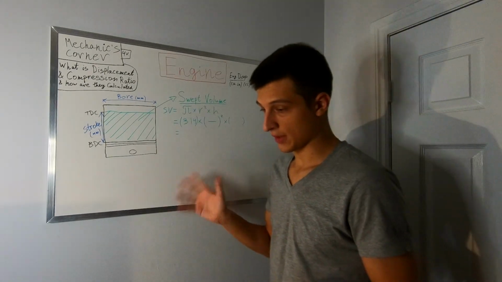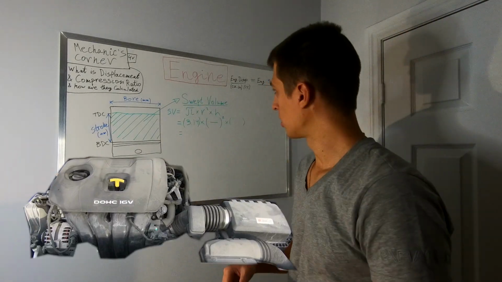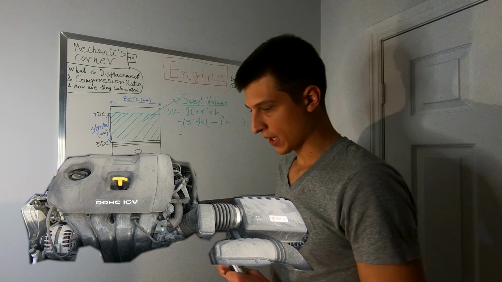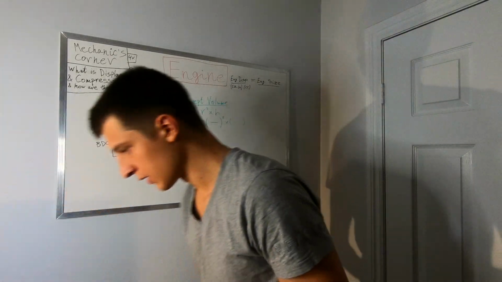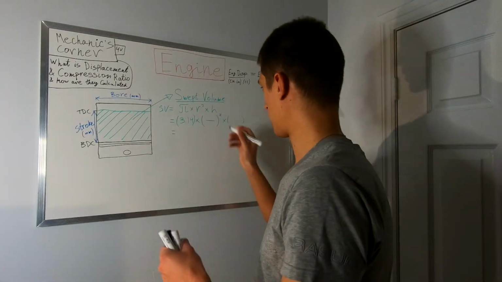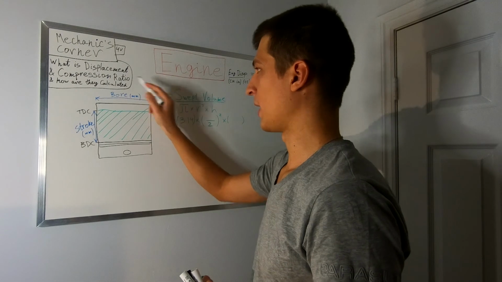We're going to use as an example a Hyundai Elantra engine, which is a 2-liter engine. Measurement for that engine is bore is 81 millimeters and stroke is 97. So for the bore, we're going to divide by 2 because we need the radius, which would be half of the bore.